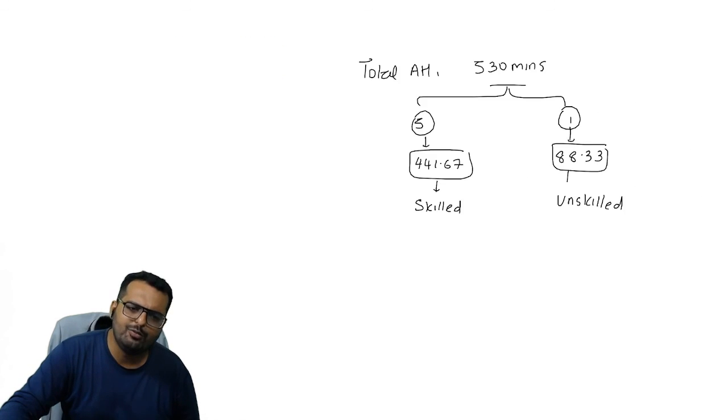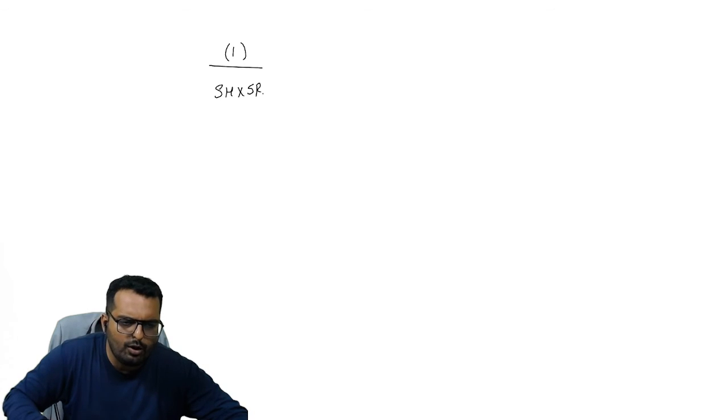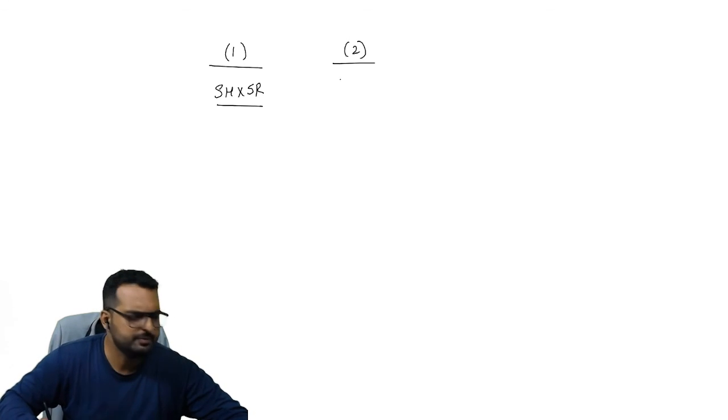Okay, so the table format also will be the same. Now you tell me, friends, what is the table format? Whatever you put in the chat box, I will write down on the board. What will be table number 1? SH into SR, wonderful. What will be table number 2?